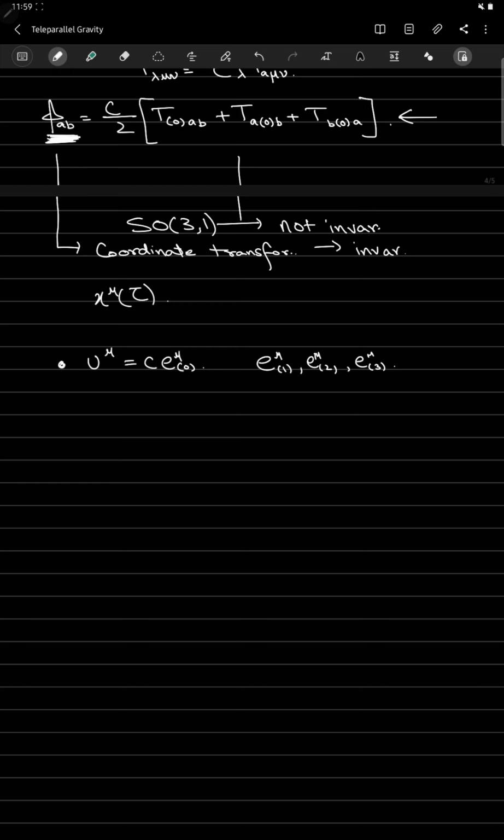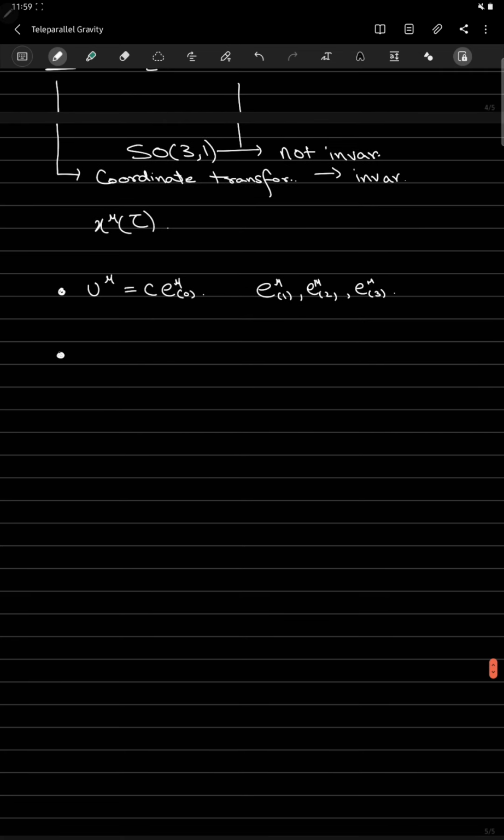And the second point is that the values of the anti-symmetric acceleration tensor, this phi AB, characterize the inertial state of your frame.